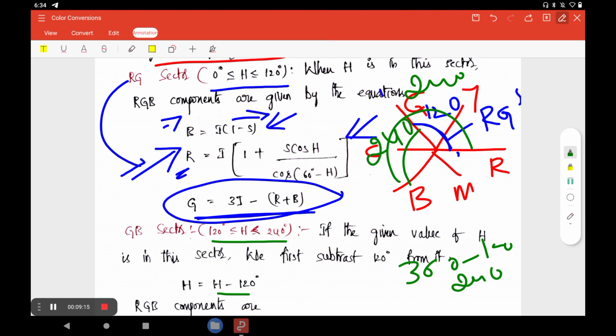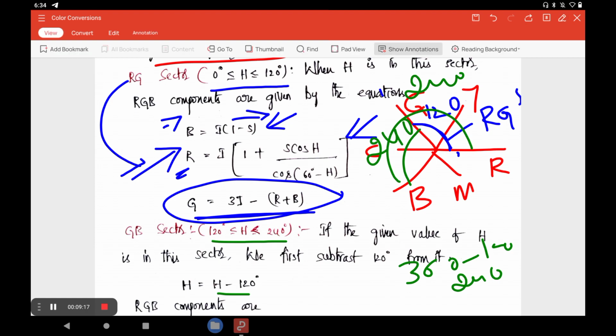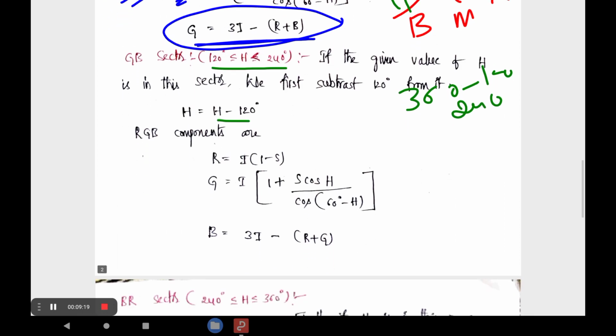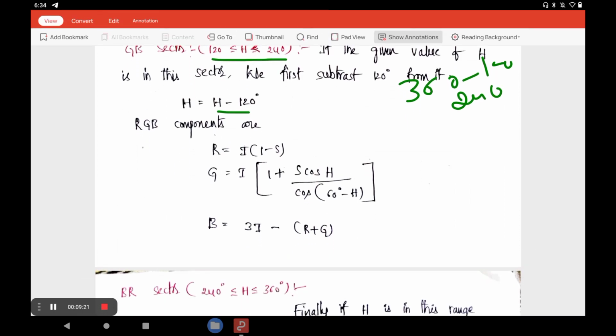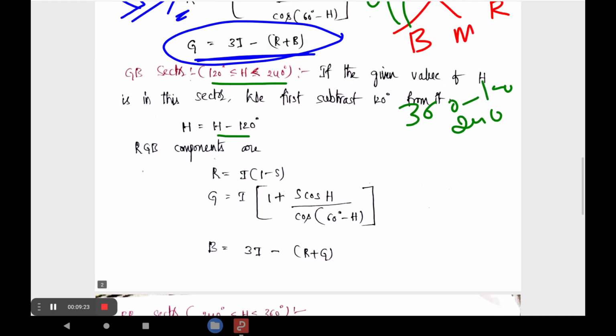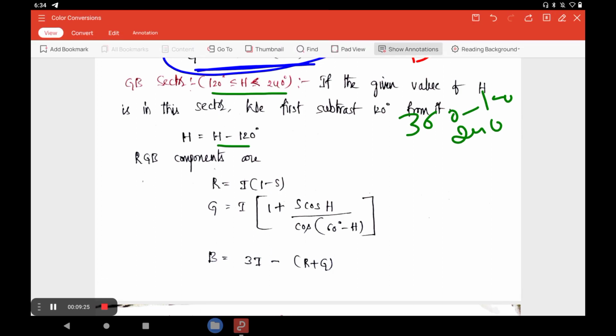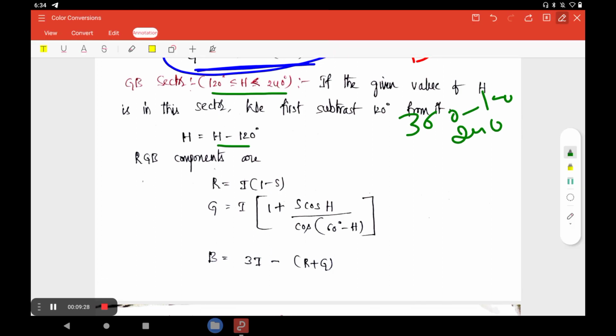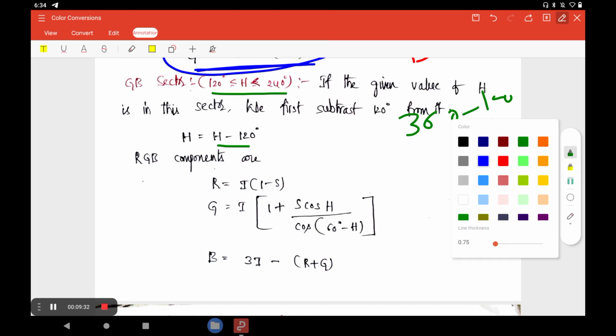So in the GB sector, the components are given by a similar shortcut, whatever we discussed earlier. In this case also it is the same scenario, I just have to repeat.